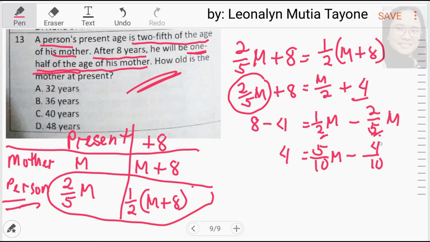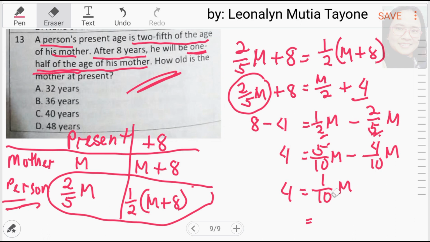In other words, itong 2/5 M ay pareho lang sa 4/10 M. Ngayon, pwede na natin yang i-minus. Kopyahin si 10 na denominator at itong si M. 5, numerator to numerator. 5 minus 4, and that is 1. So, 4 is equals to 1/10 of M.